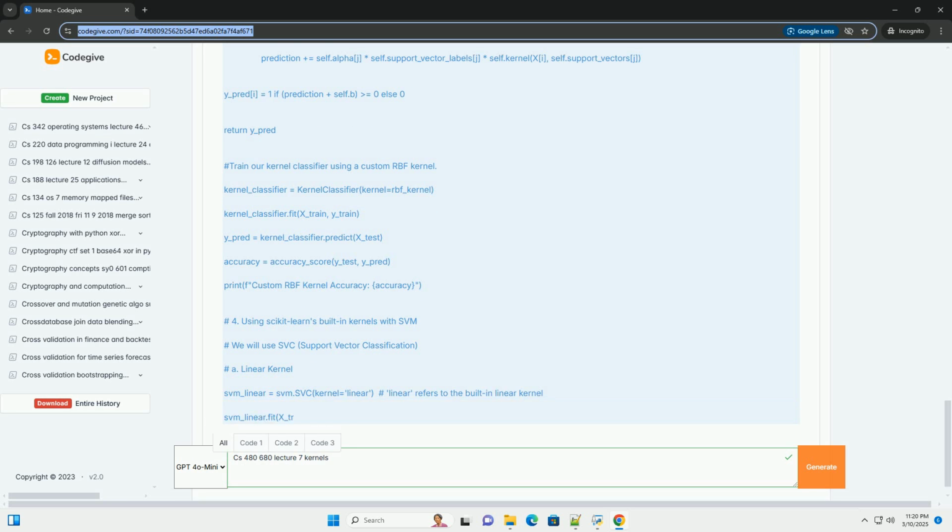Radial basis function, RBF, or Gaussian kernel: k(x, y) = exp(-||x - y||^2 / (2σ^2)). ||x - y|| is the Euclidean distance between x and y.